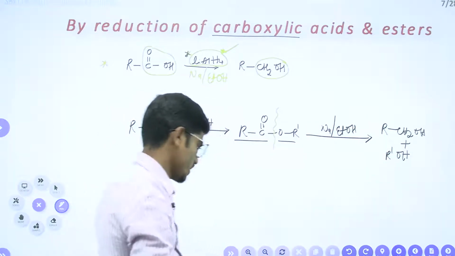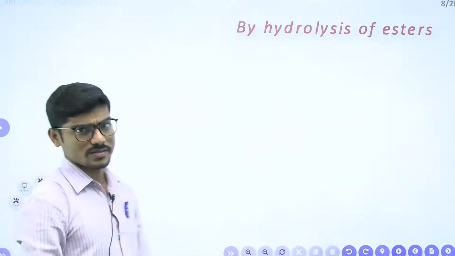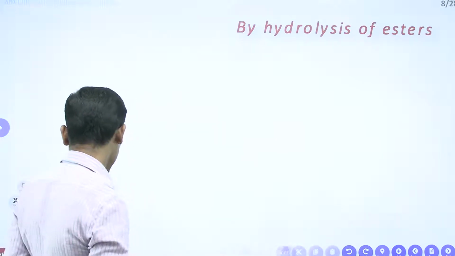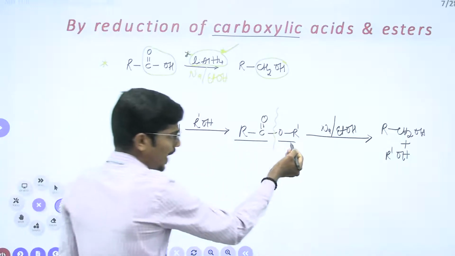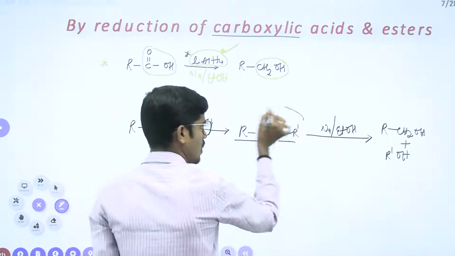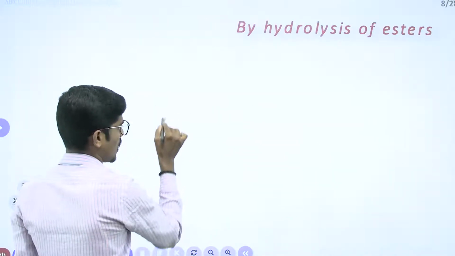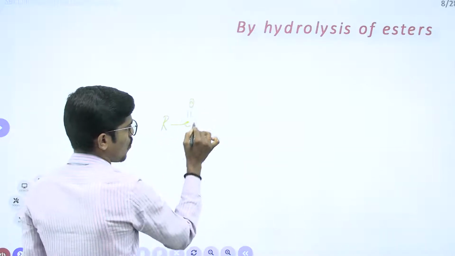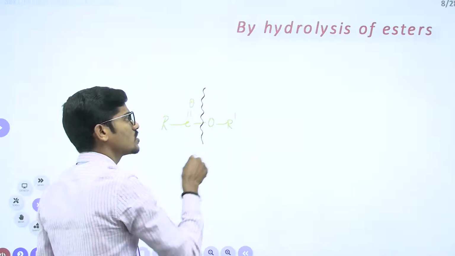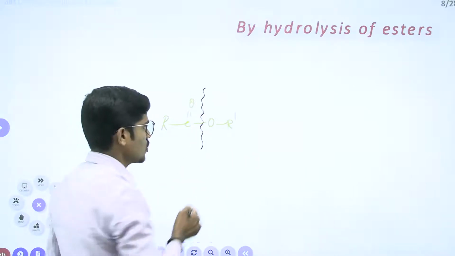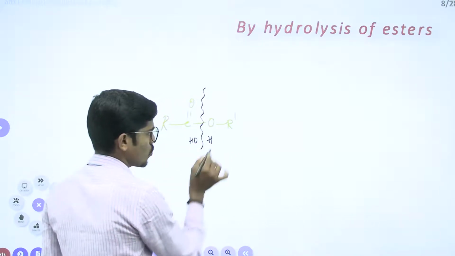Is it clear? Okay, right. The next one is the hydrolysis of esters. As we have already studied the reduction of ester, now hydrolysis of ester. When the ester RCOOR' undergoes hydrolysis, meaning addition of water, it gives rise to H on this side and OH on the other side, water is added.